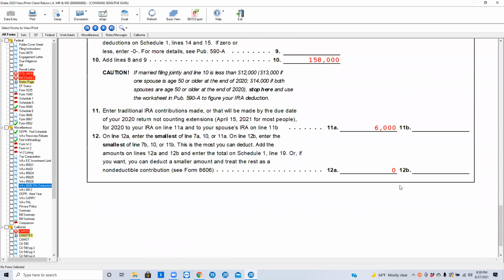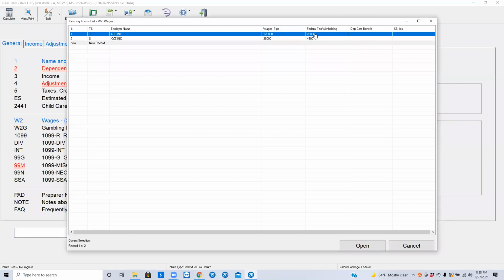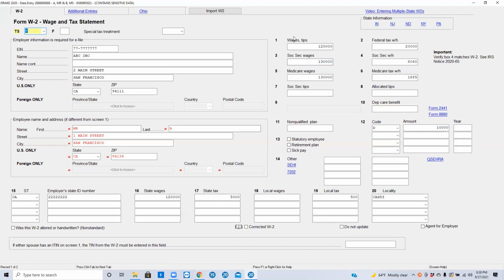So what is the better planning way for them to do it? Well, as you can see, the husband is not maxing out his 401k. They should go to HR to get more, for example, in here. Now let's say it's 6,000 in here. Let's say it's 16,000 in here. This means like this, right?